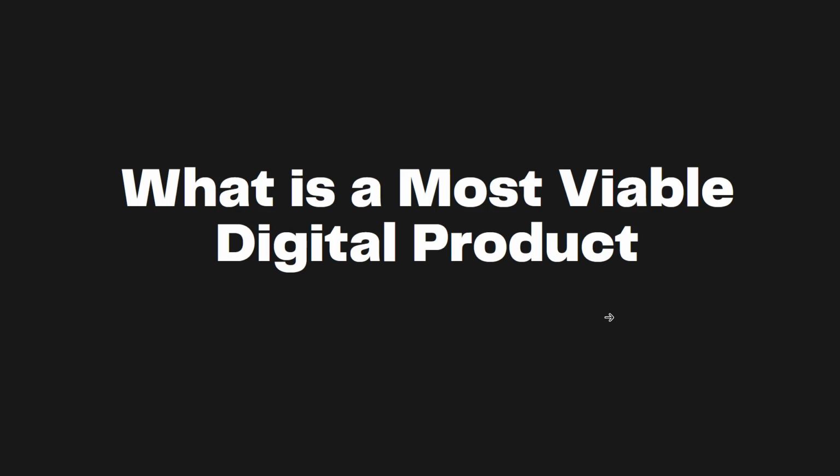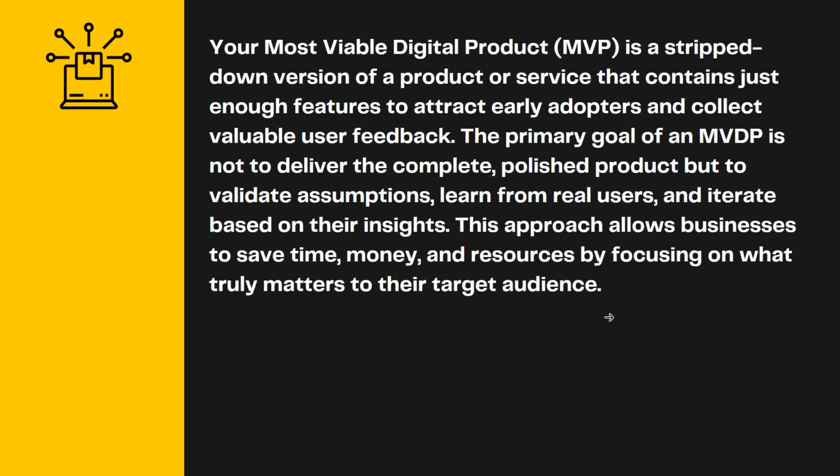First and foremost, what is a most viable digital product? Well, your most viable digital product is a stripped down version of a product or service that you're going to create that contains just enough information and features that will attract early adopters so that you can collect valuable user feedback.